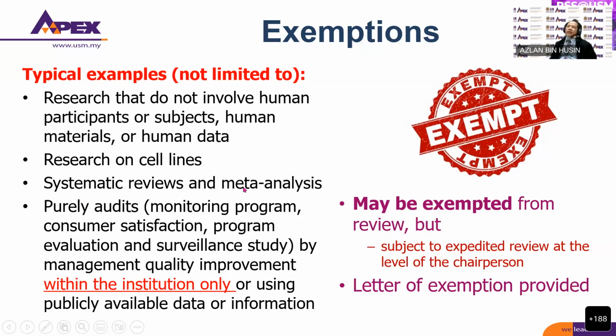So it can be provided by our human research ethics committee. It can also be purely audits, provided it is not going to be used outside the institution. If it is going to be published or shared with an outside institution, then you need to submit it to the ethics committee.